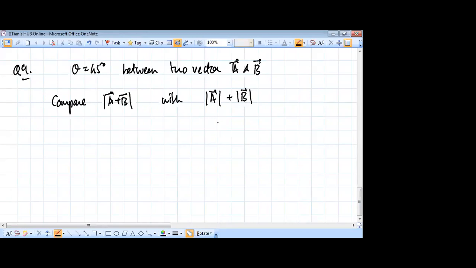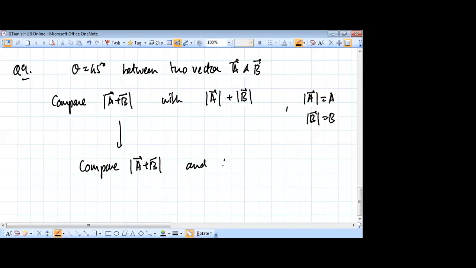So in simpler terms, we can say that if you just take mod A as capital A and mod B as capital B, you want to basically compare magnitude of A plus B and the quantity capital A plus capital B, the sum of their magnitudes.